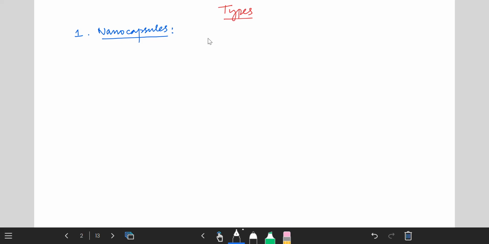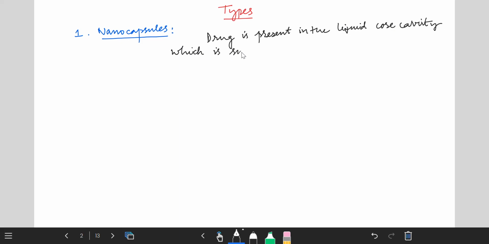So, the drug is present in the liquid core cavity, which is surrounded by a solid polymeric shell.